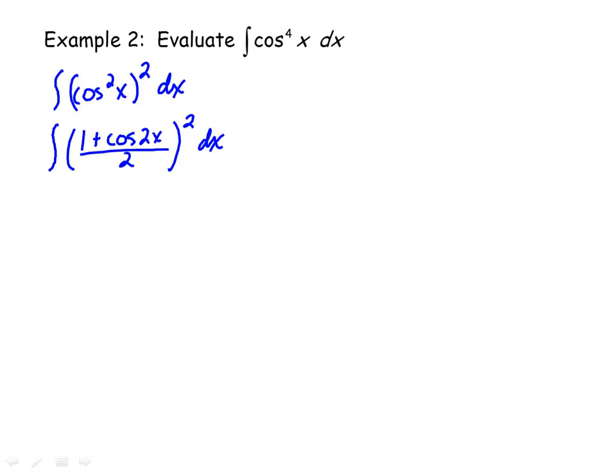The problem is I don't know how to integrate a fraction. Algebraically speaking, however, I can fix this fraction, because that fraction can be made into a constant. Watch this. Don't let me lose you on this. This is the way I like to do it. If you want to do it a different way, that's fine with me. But the way I like to do this is, watch. Remember a while ago when I did this?